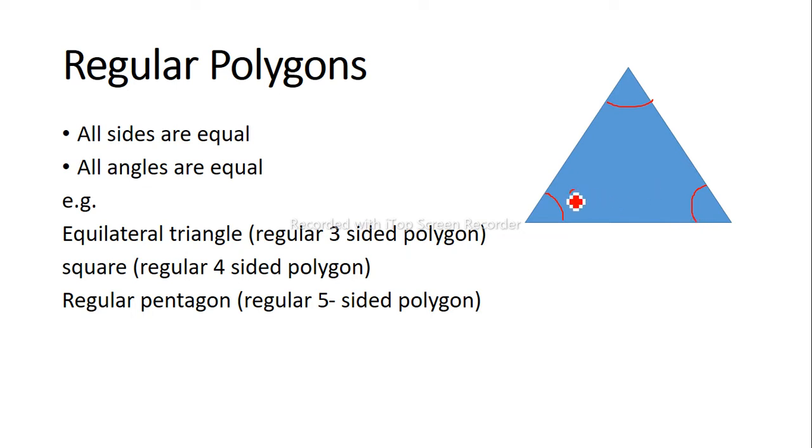Each of them must be 60 degrees because all of them must be equal. So you basically take 360 and divide it by the 3, the number of sides that you have, and that gives you 60. So all of them should give us 60 degrees. That's an equilateral triangle, and that's a regular triangle.